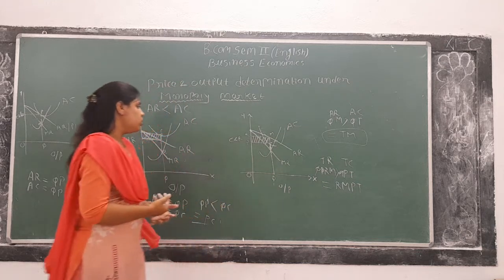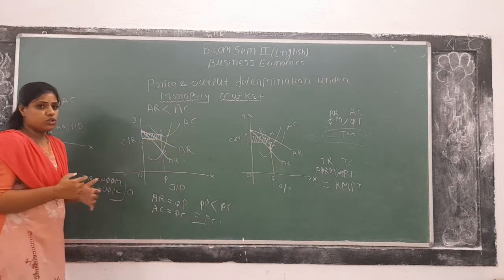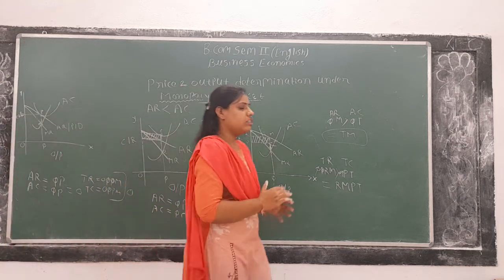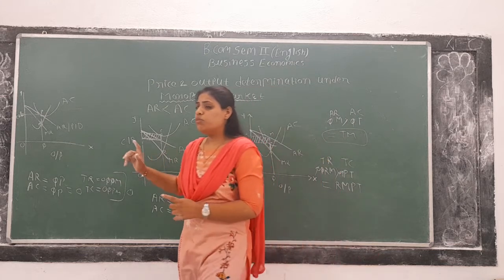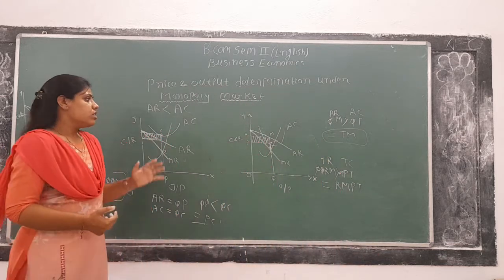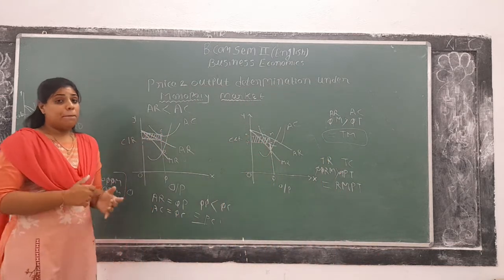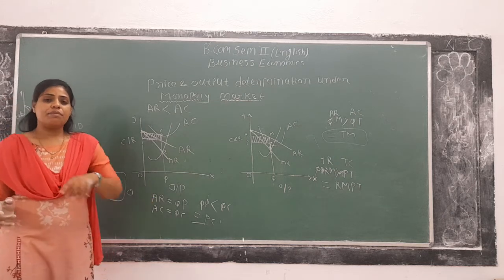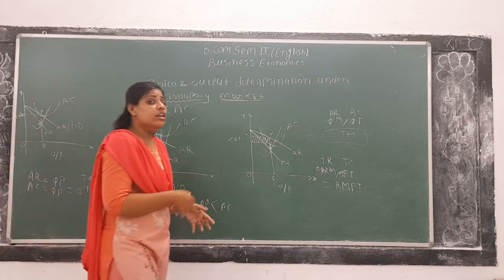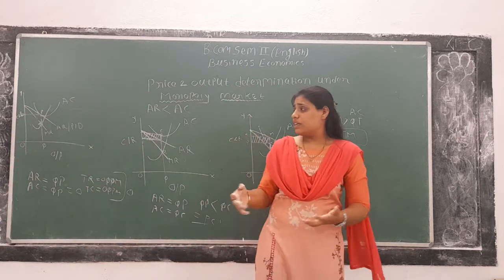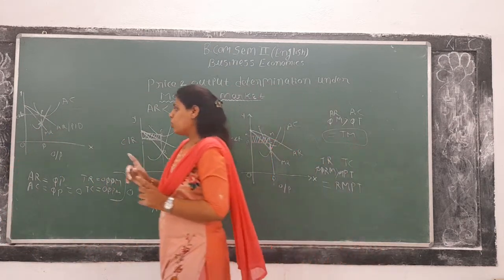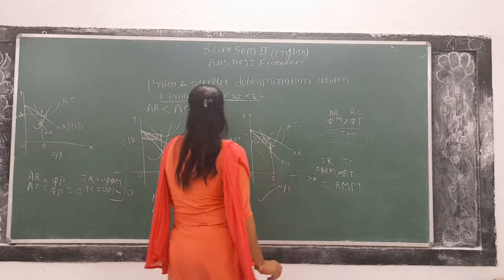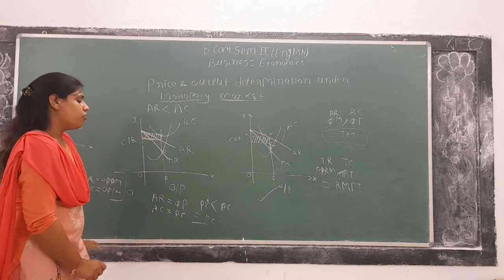In the next lecture, first of all we need to keep in mind that in the short run a firm working under monopoly suffers all these three conditions. But in the long run, where the plant size can be adjusted according to the demand, the capacity of the plant can be increased, so the firm is going to earn supernormal profit only.